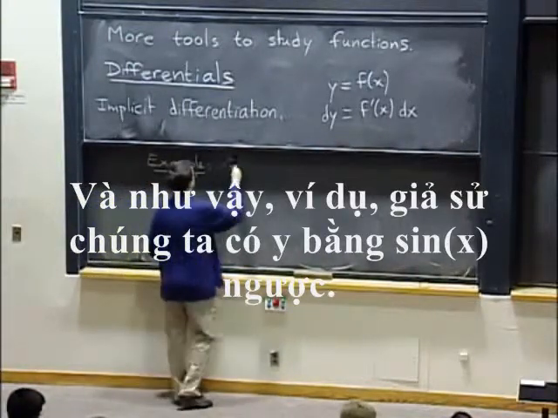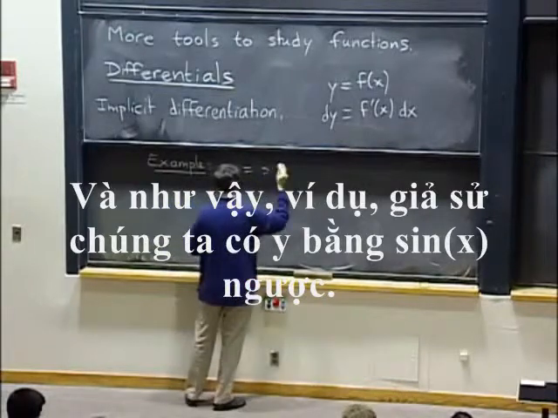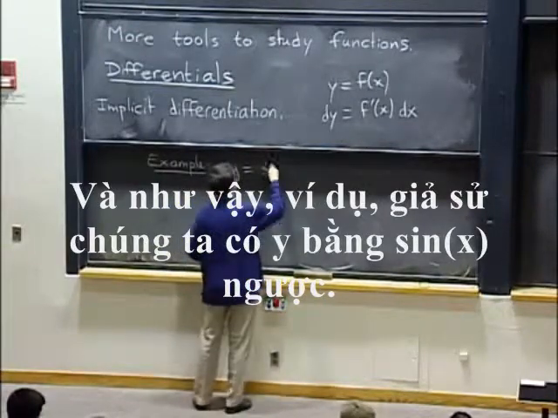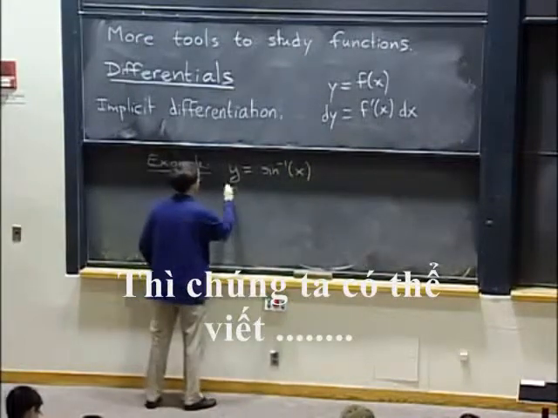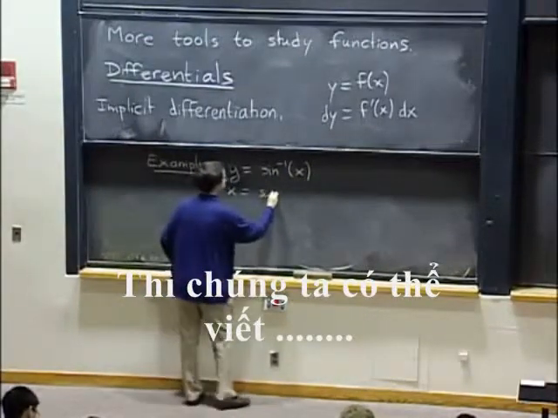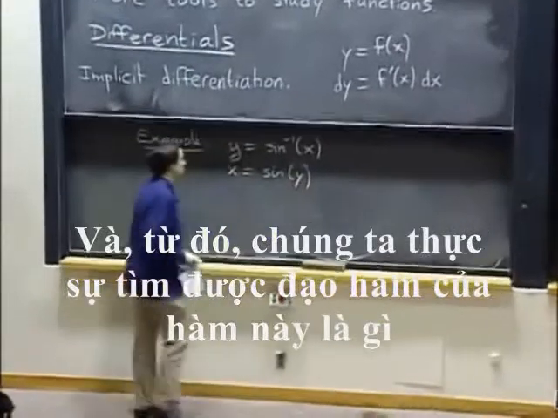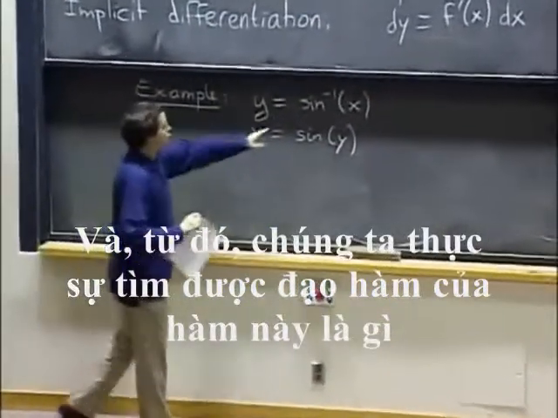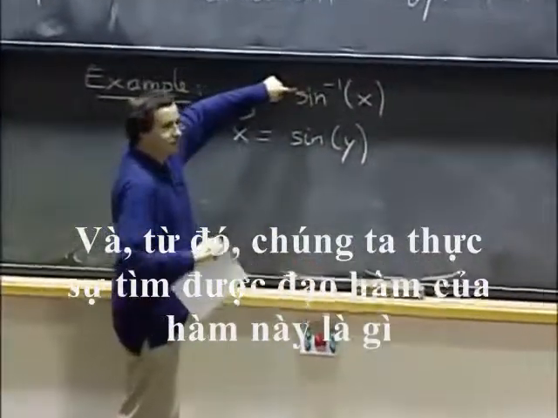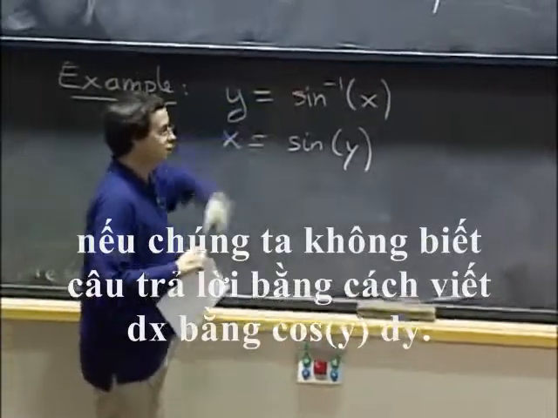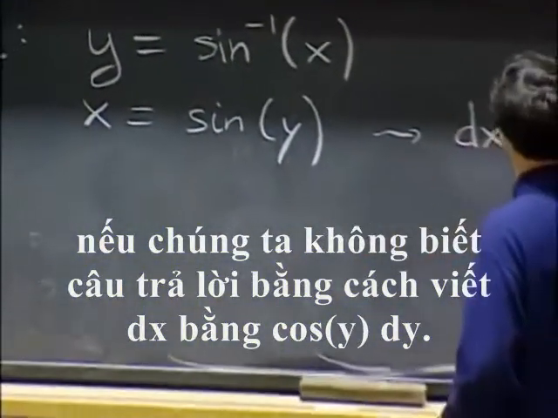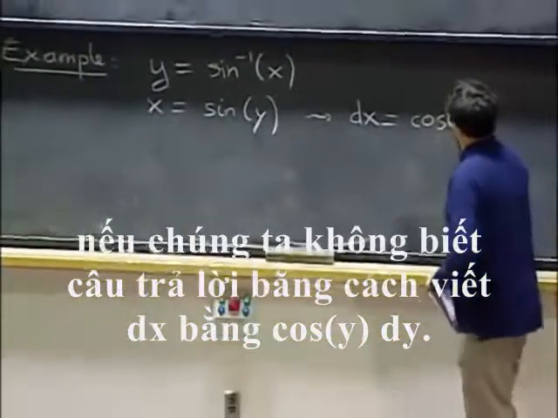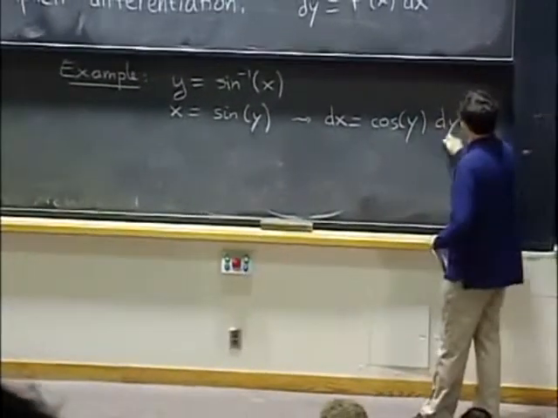let's say that we have y equals inverse sine of x. Then we can write x equals sine of y. And from there, we can find out what is the derivative of this function, if we didn't know the answer already, by writing dx equals cosine y dy.